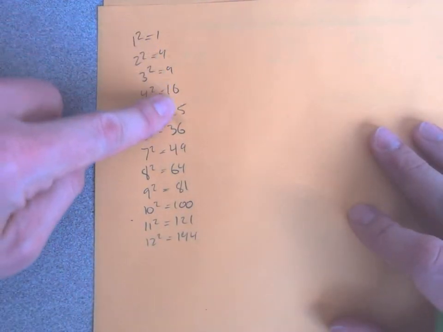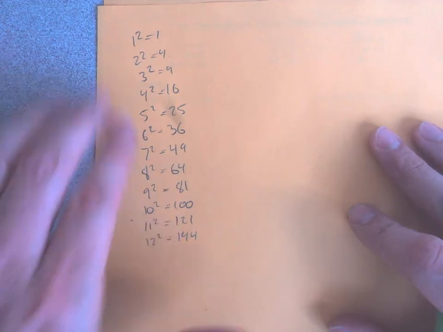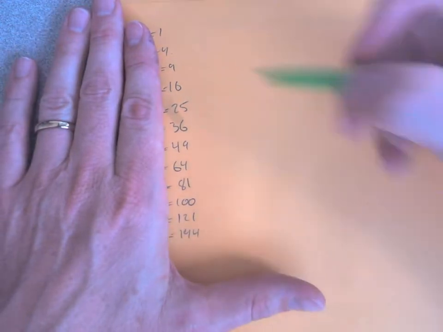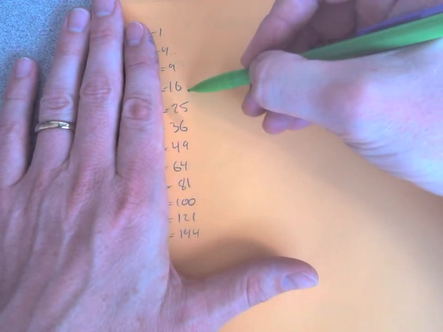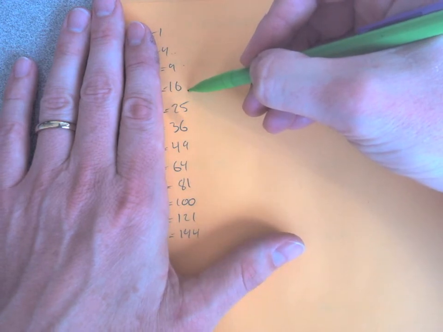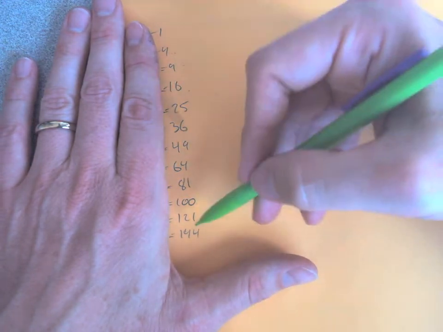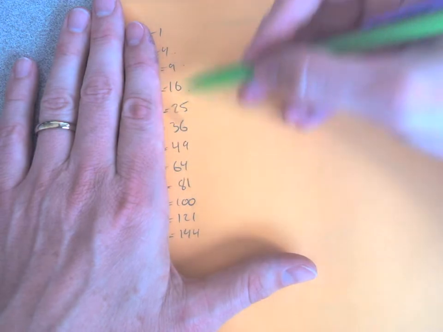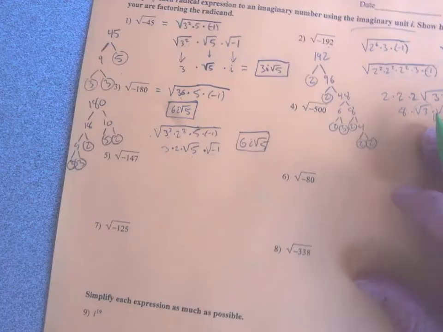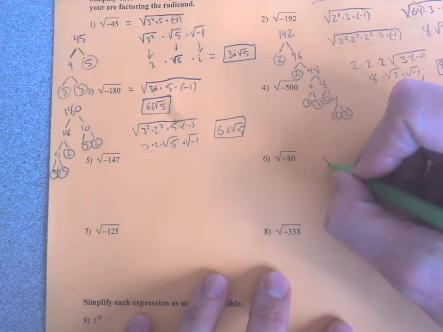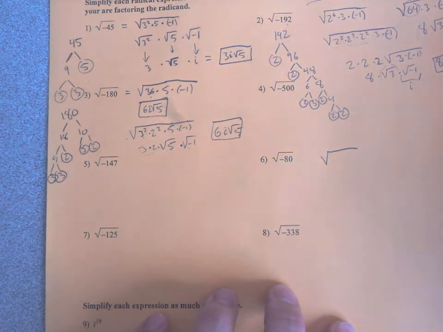So what am I doing? I'm seeing which of these numbers go into the radicand. I was like, does 4 go in? Does 9 go in? Does 16 go in? Why do I want to do that? Because these are numbers that I can easily take the square root of. Okay? All right, so this is actually 16 times 5 times negative 1.